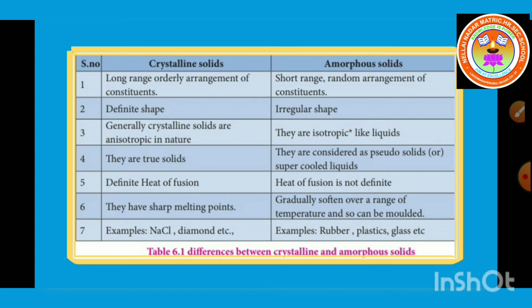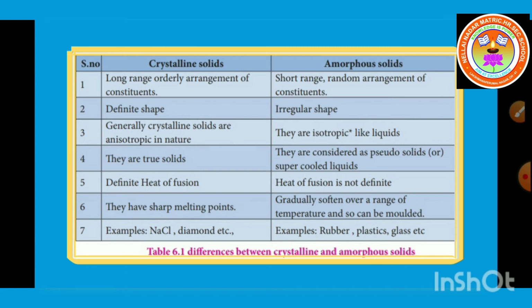But in the case of amorphous solid, the first point is short range, random arrangement of constituents. Now clear this. Long range, ordered arrangement in crystalline solid, but in amorphous, short range and random arrangement of constituents.